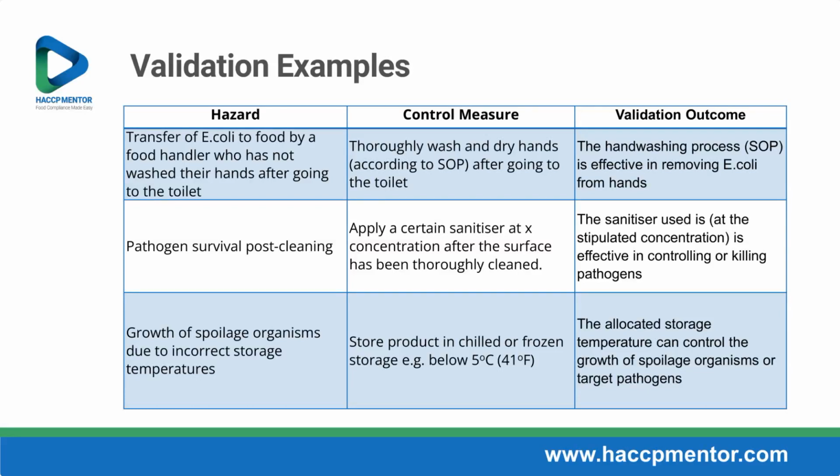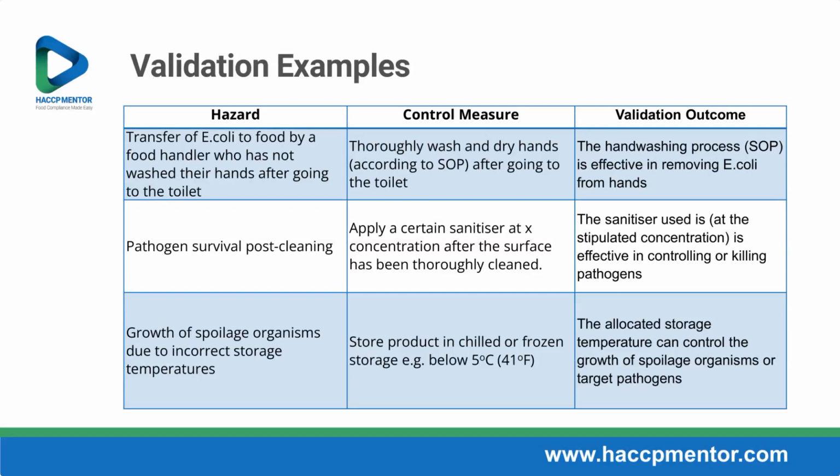That one's fairly straightforward. Again, theoretical validation is going to come in for this particular one. And the most common source would be going back to the actual manufacturer of the sanitizer and asking for their validation of the product that they've sold to you.